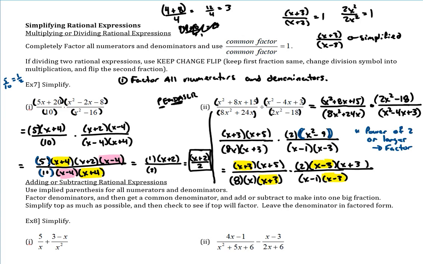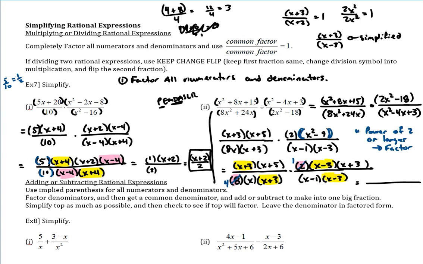Except for the number part. So the regular old 2 divided by the regular old 8, that would be 1/4. Okay, so I'm going to do a cross. So that would be 4 and that would be 1. Okay, and again, everything that's highlighted in yellow is gone. So our final answer, I'm going to squeeze it into this spot.